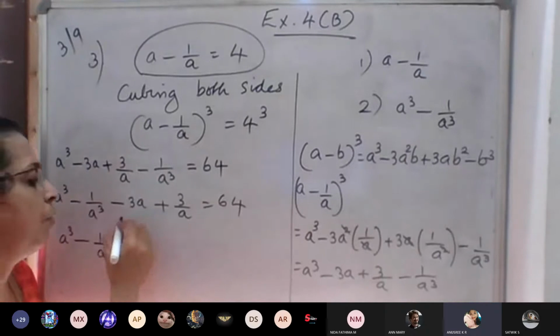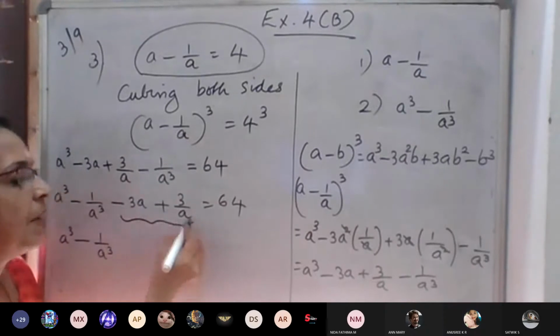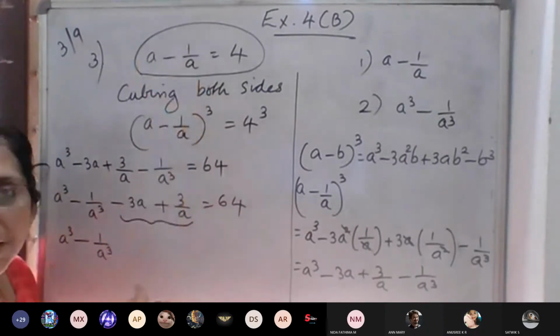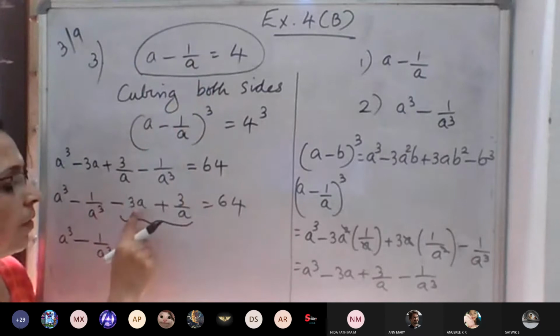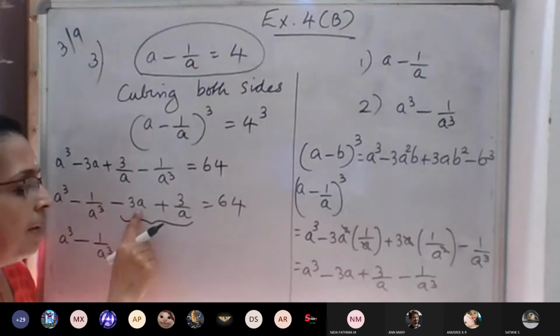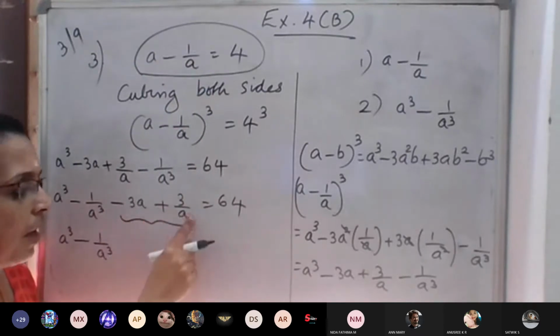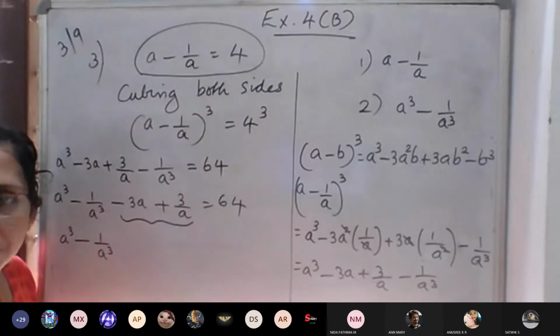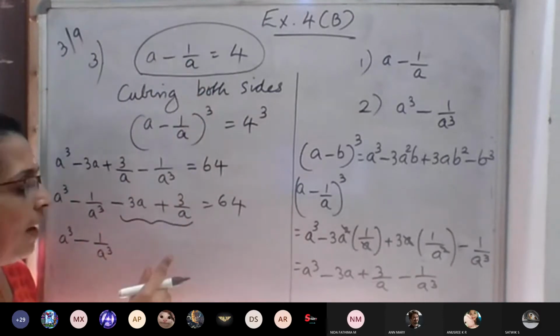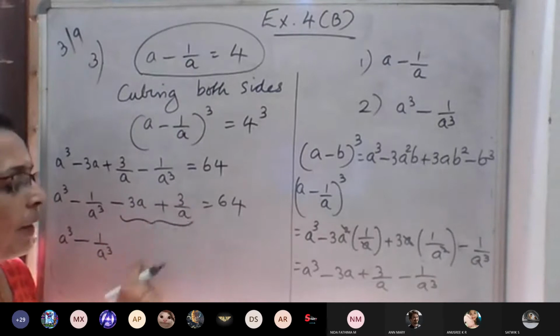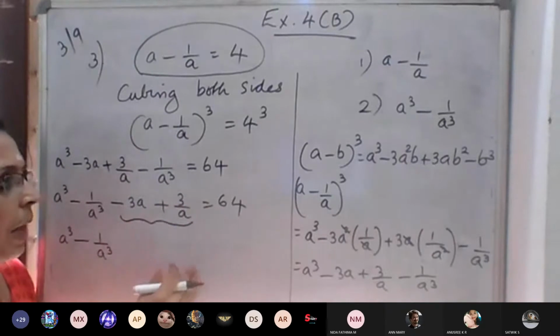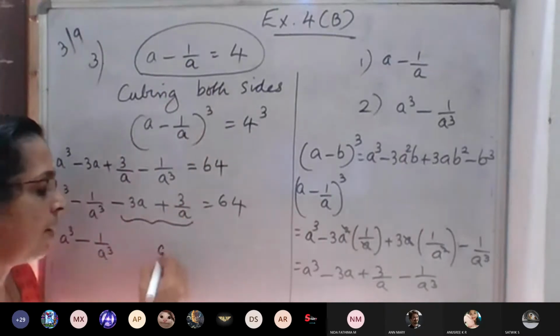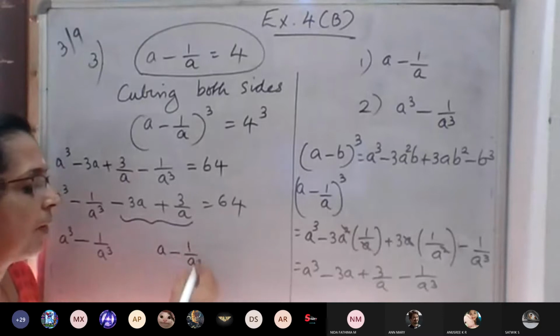So we have to change this in terms of A minus 1 by A. Which one? Minus 3A plus 3 by A. We have to change it into A minus 1 by A. So for that, we can take 3 common.